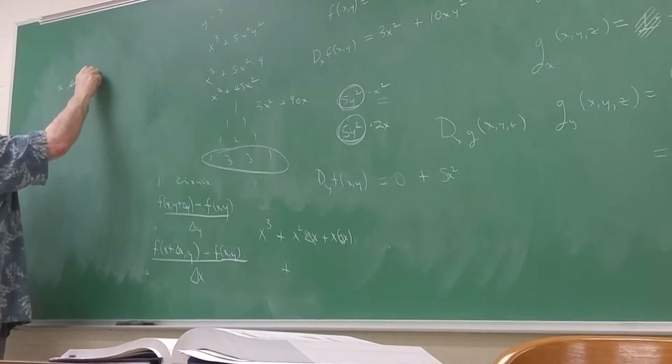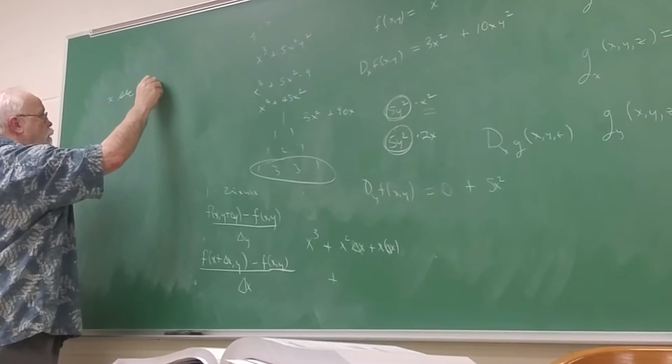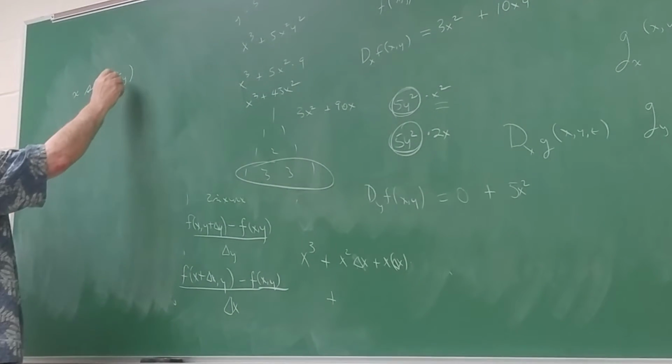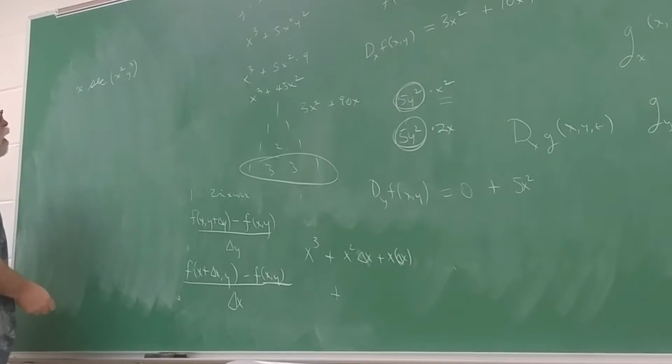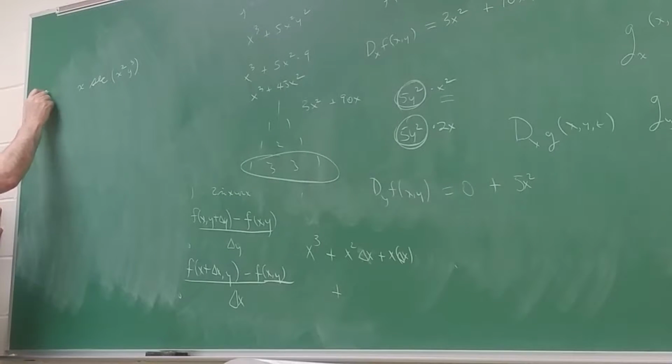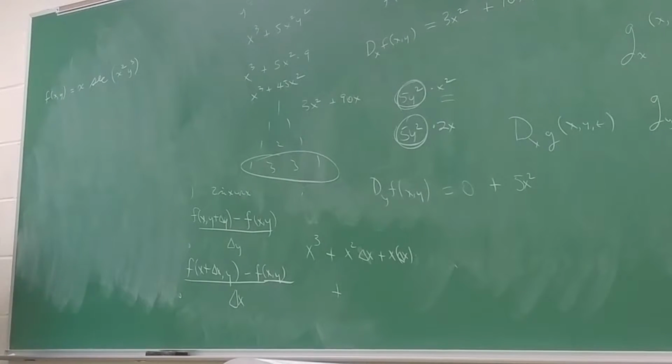maybe x squared y cubed. So here is f of x, y, and I'm going to do my partials. Let's do the y partial first, because that looks easier.